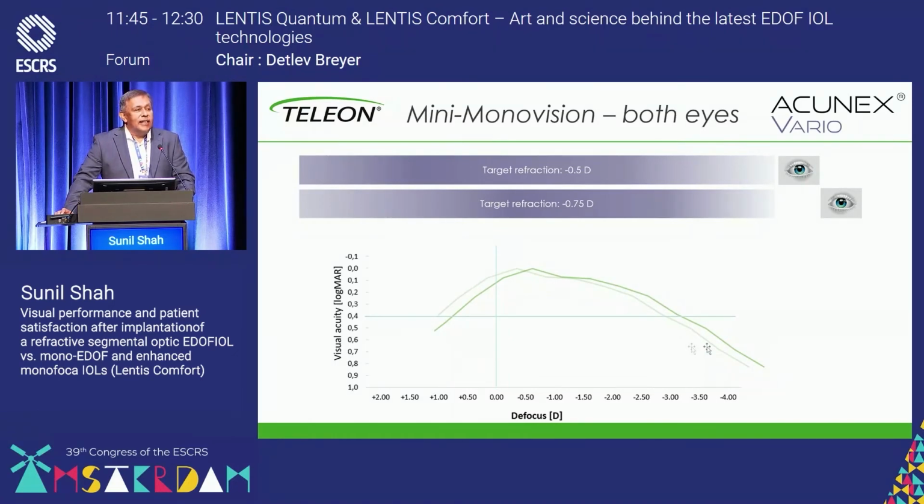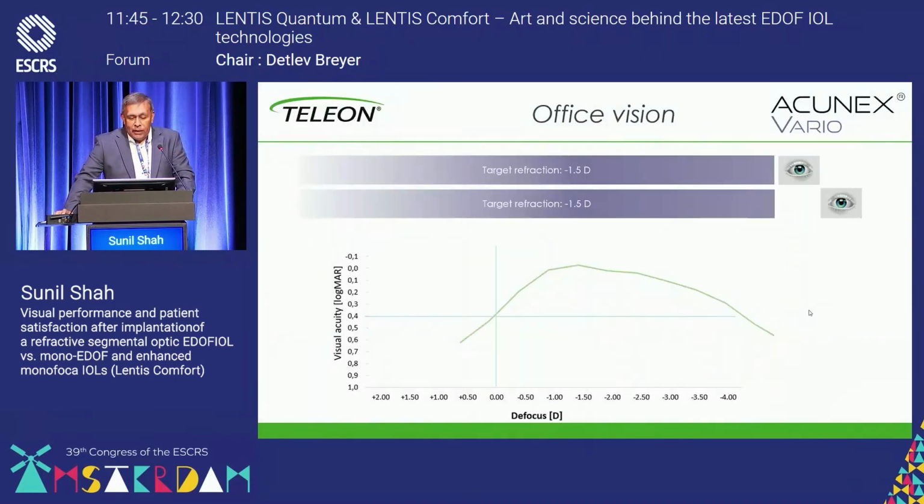It's not like a bimodal multifocal where you'll have two peaks and very little in between. So there are patients who want just near vision. So if you put them at -1.5, the effective add with this lens is about 1.5.